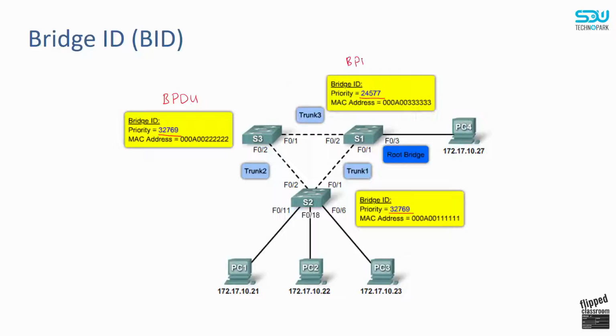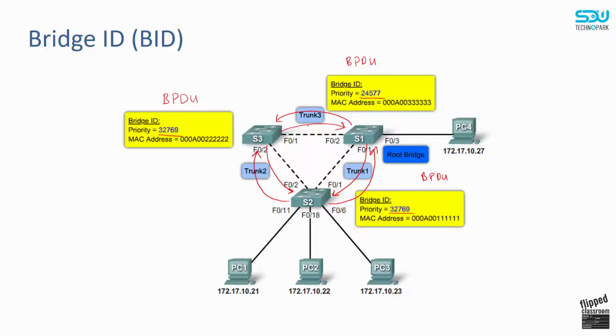and BPDU from this side and BPDU from this side. Switch 1 generates a BPDU with these values, and switch 3 thinks that it is the root bridge, and it is propagating this communication to its neighbors, and neighbors also propagate their own BPDUs to their neighbors, and switch 2 also does the same job.